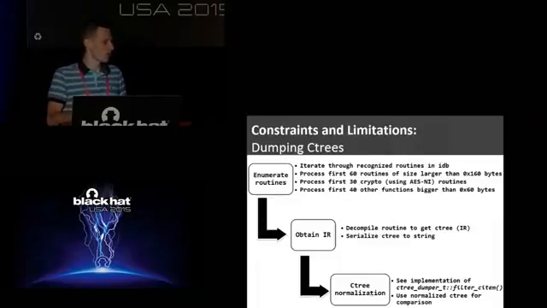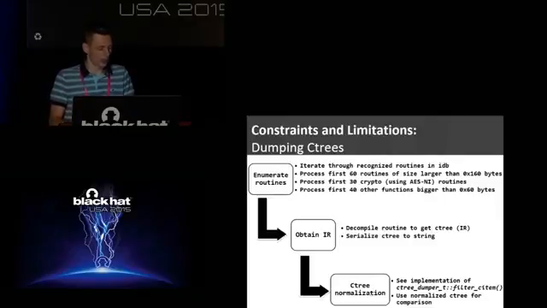We were enumerating routines recognized by IDA in the IDB. We were obtaining the intermediate representation and doing ctree normalization. Basically, we limited the number of ctrees processed here. We processed the first 60 routines of size larger than 0x10, up to 30 crypto routines, and 30 other functions bigger than 60 bytes.